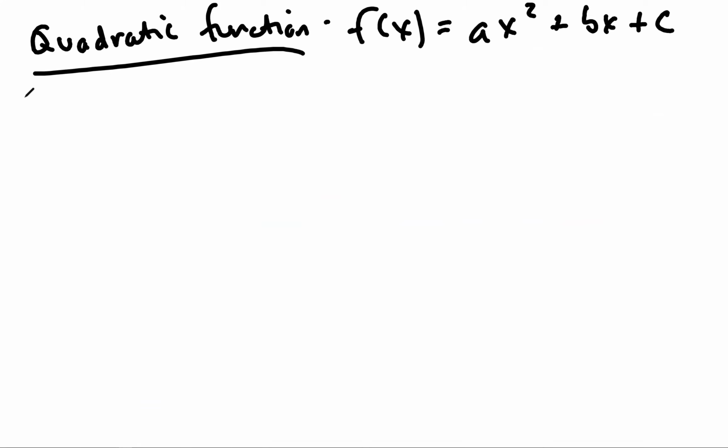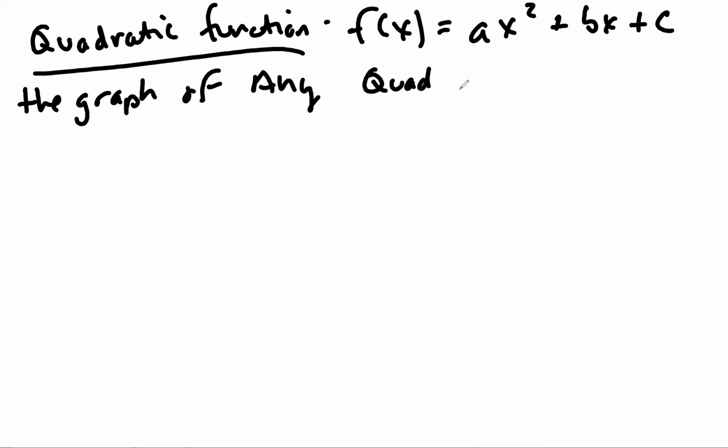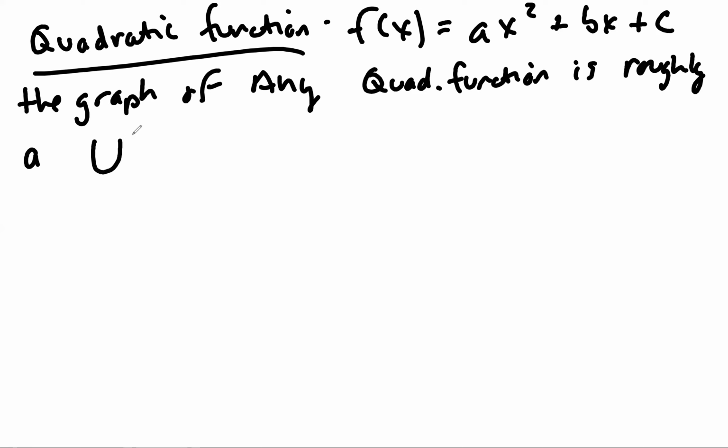And we also know that the graph of any quadratic function is roughly this capital U. It's in quotes because it's not necessarily a letter. It just looks like that.